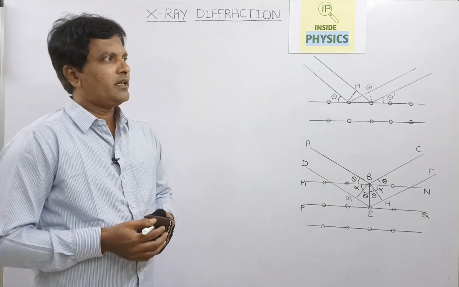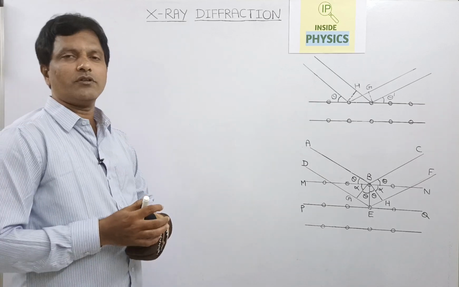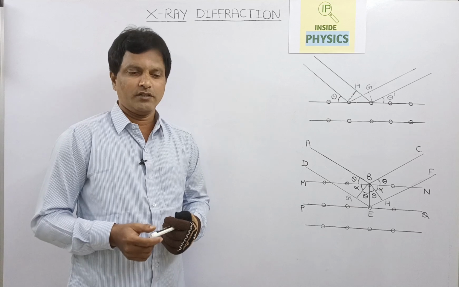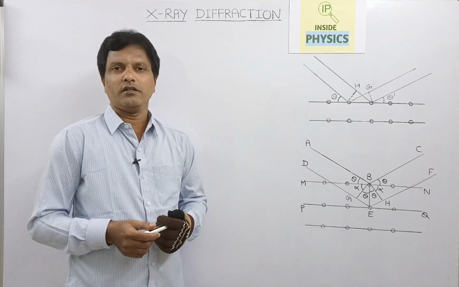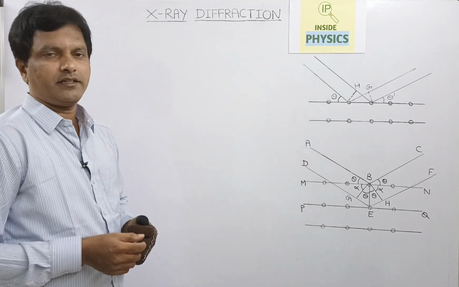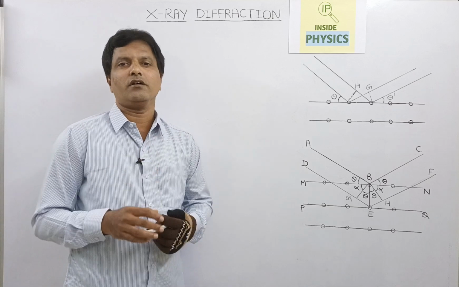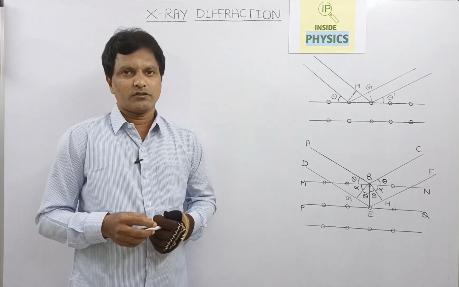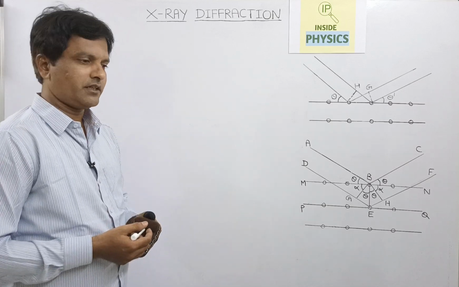Here X-rays, which are powerful electromagnetic waves that are electrically neutral, are also diffracted when they are incident on some crystals. That is called X-ray diffraction.